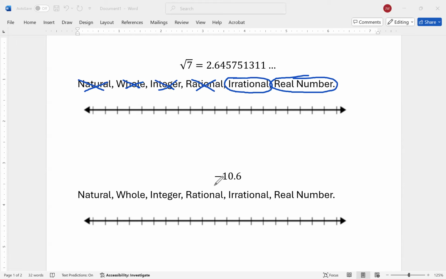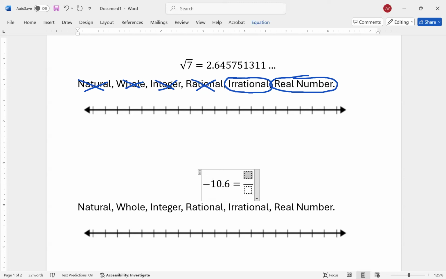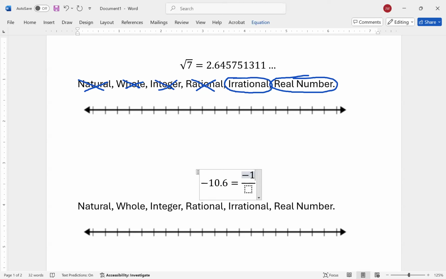What about negative 10.6? Well, this is a decimal that ends. And you can rewrite this in a number of ways, but one easy way is negative 106 divided by 100. And so we can see that it's integer divided by integer.